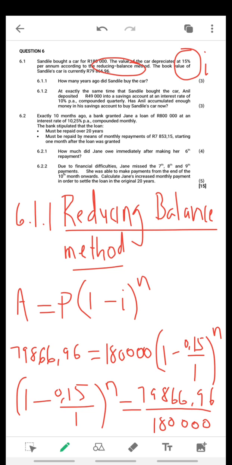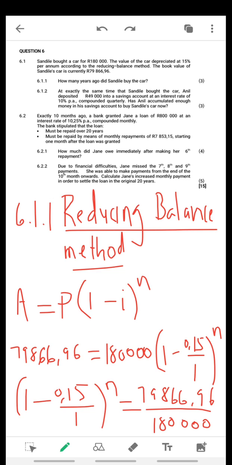Take note, reducing balance. The book value, which is the amount the car is currently worth, we are given that it's 79,866.96. So this will be our A, and our P will be 180,000. Remember, P will always be bigger than A where there is depreciation.